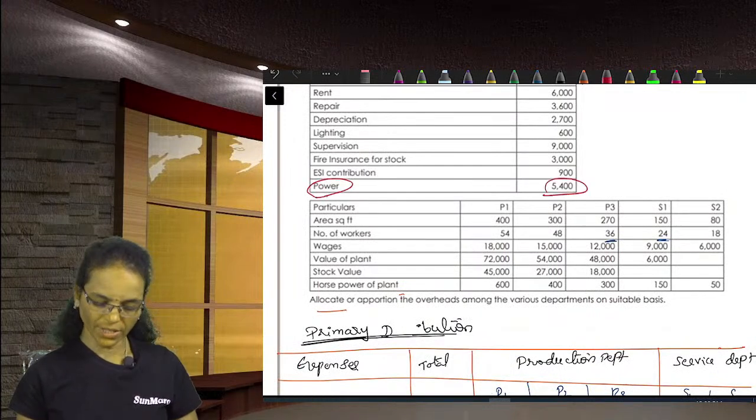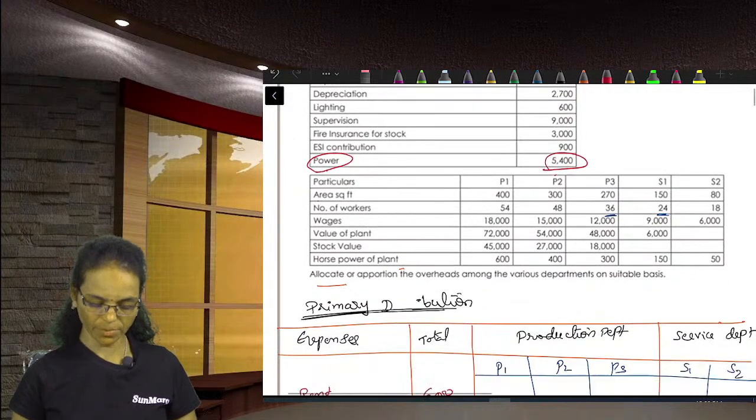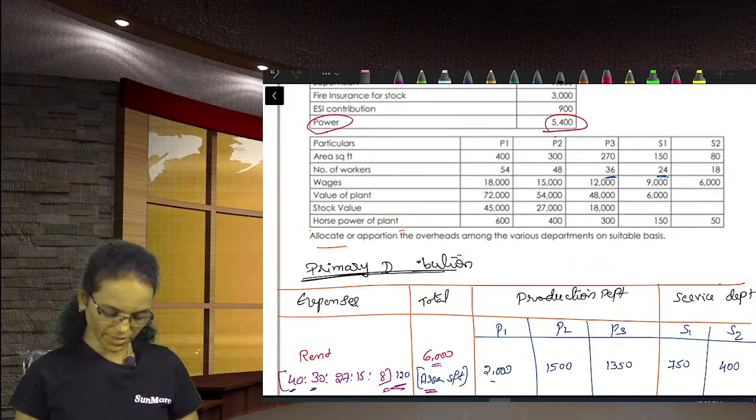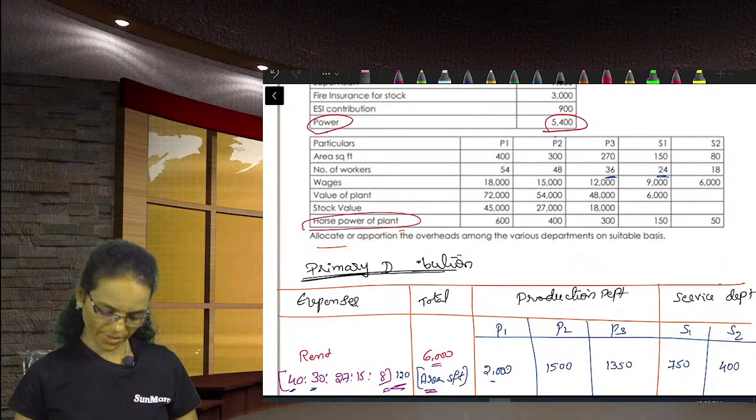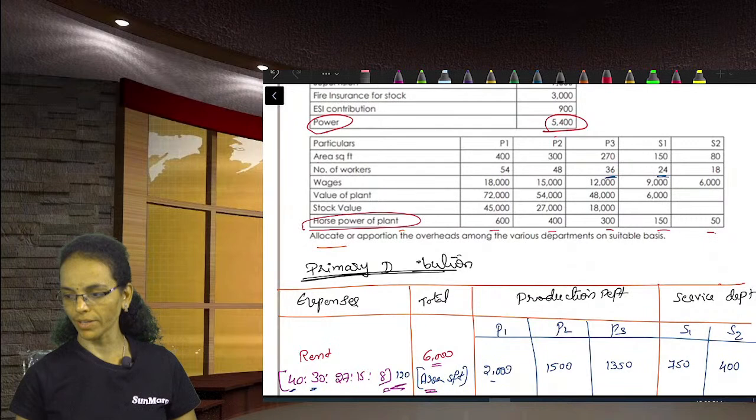power, 5,400 rupees the expenditure we have incurred, and this is on the basis of horsepower of plant. So this one 600, 400, 300, 150 and 50.